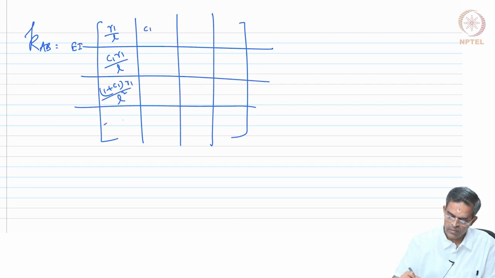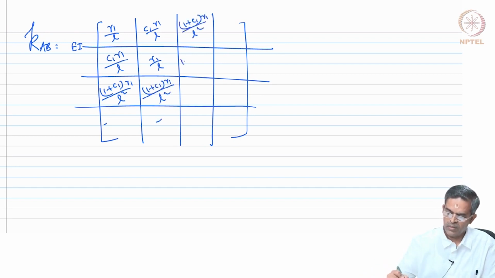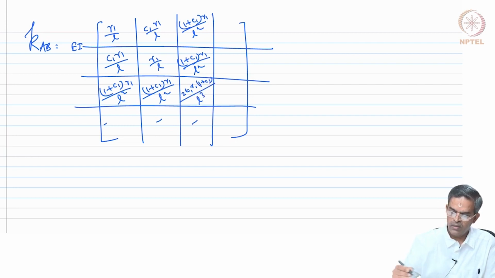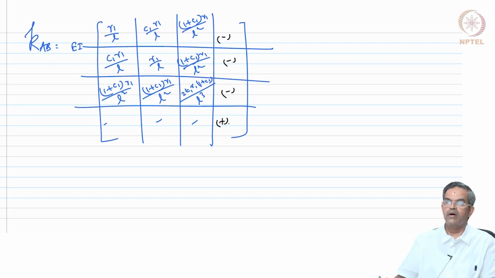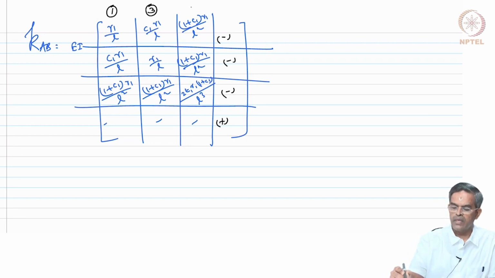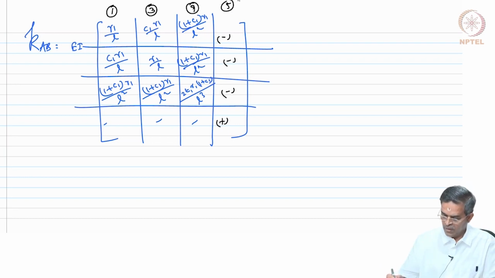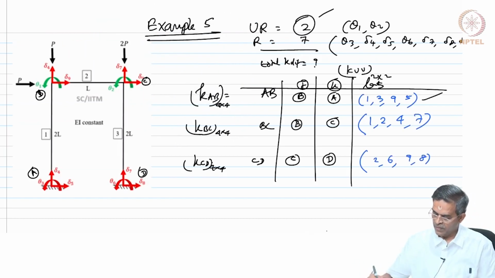Similarly, L square. So, C1 R1 by L, R1 by L, 1 plus C1 of R1 by L square and minus of this. So, 1 plus C1 R1 by L square, 1 plus C1 R1 by L square, 2 times of T1 R1, 1 plus C1 by L cube, minus of this. The fourth column is simply negative of the third column, and the labels are 1, 3, 9, 5. Is it not? 1, 3, 9, 5.